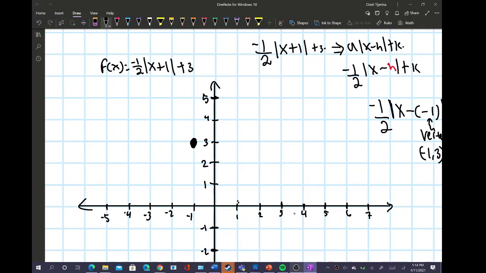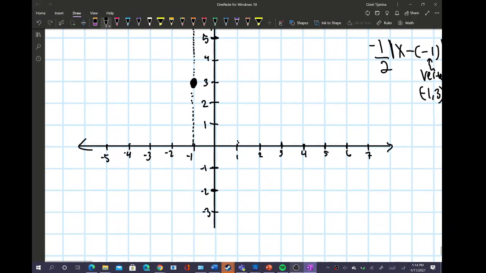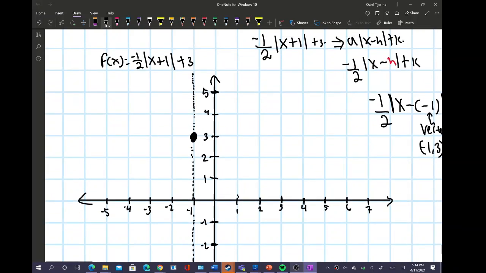And now from there you can say that the axis of symmetry is x equals h, even though I don't think they do axis of symmetry with absolute value functions, but it's good to do it because you want to make sure you reflect your points.